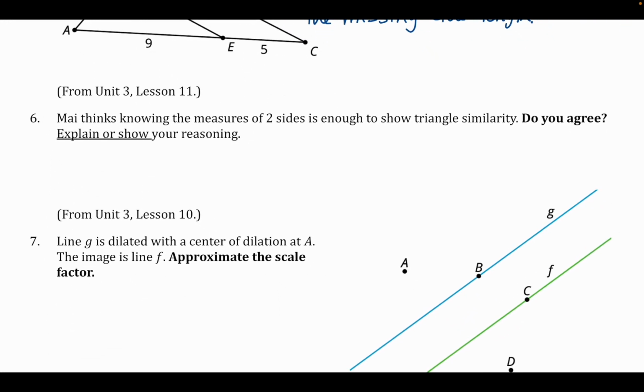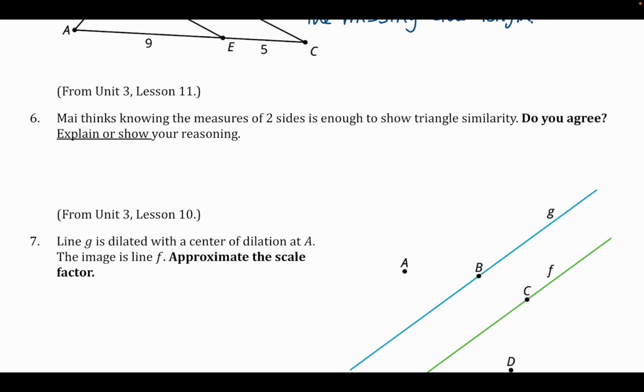That then brings us to question 6. And Mai thinks she knows using the measures of two sides is enough to show triangle similarity. Do you agree? And explain or show your reasoning. I'm gonna disagree. We know that two angles would show similarity.